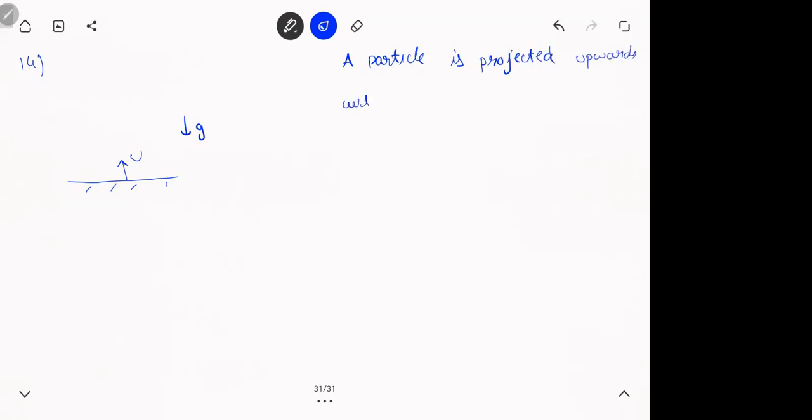Gravity is there as usual. So plot the acceleration time graph, velocity time graph, position displacement time graph, and distance time graph. 4 graphs. A particle is projected up with speed u, goes up and comes down, hits the ground. So you need to plot AT graph, VT graph, displacement time graph, and distance time graph.